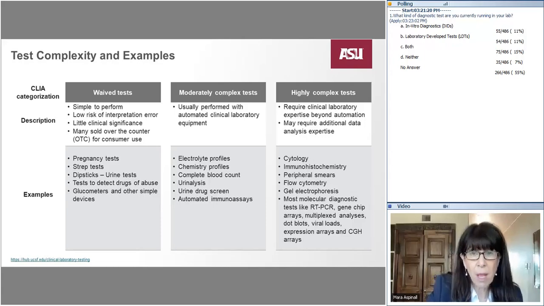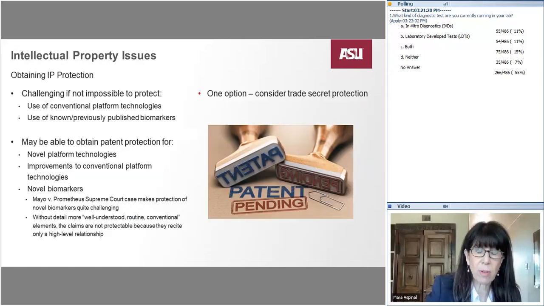For some of the tests in the pandemic, they've moved to moderately complex, but typically they're over here in terms of highly complex tests. So this gives you a sense of it. I think this classification is here to stay, even if there are other changes, so it's important to recognize the difference here. And this category of OTC becomes more and more important.